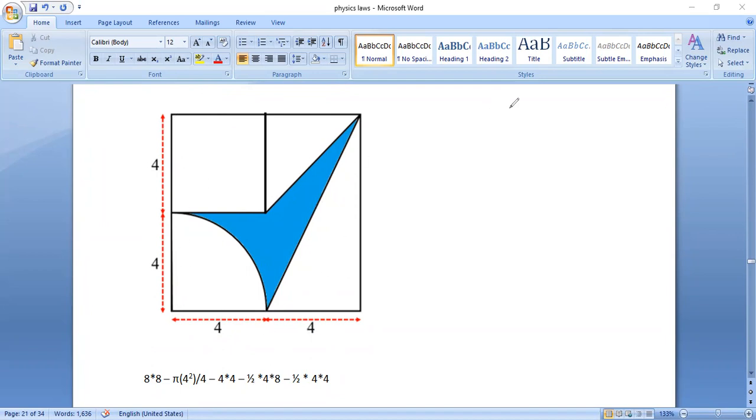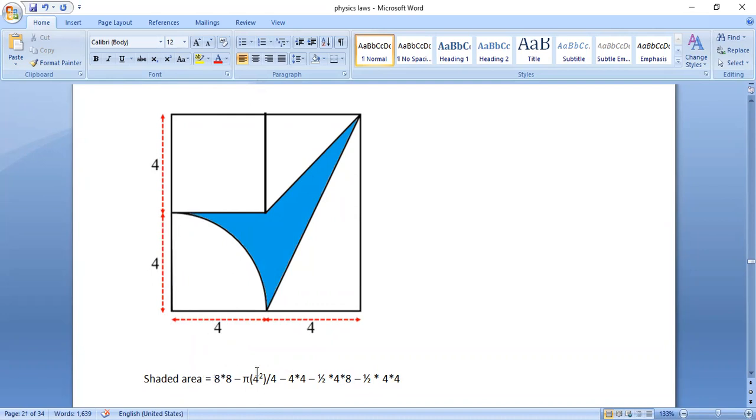So shaded area will be equal to area of the square minus area of this quarter circle, which is pi r square by 4, where r is 4.